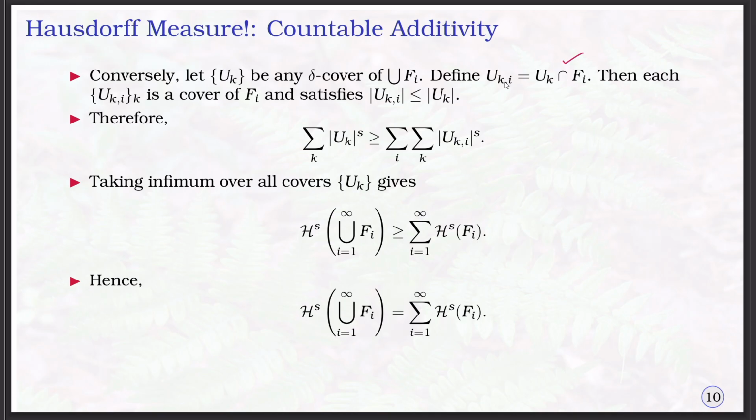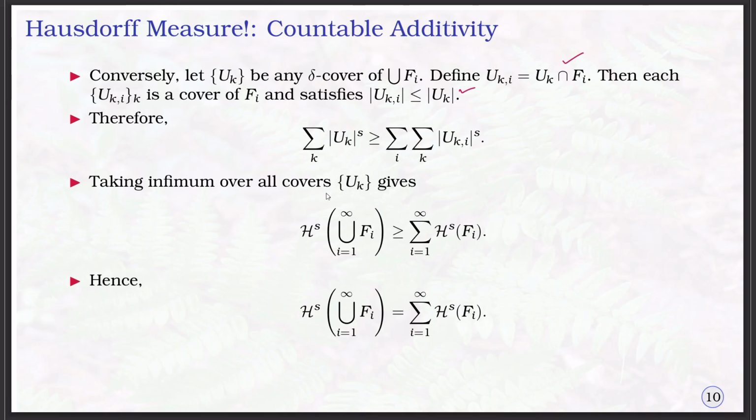Then each Uki sequence is a covering of Fi, and the diameter of Uki is less than or equal to the diameter of Uk. Therefore, the sum of the diameters to the power S of Uk is greater than or equal to the sum of those of Uki.